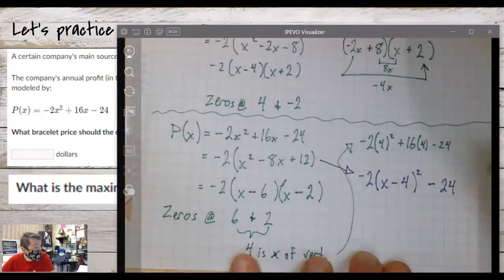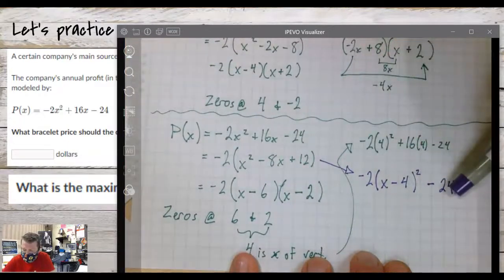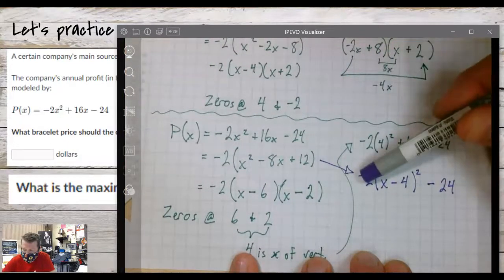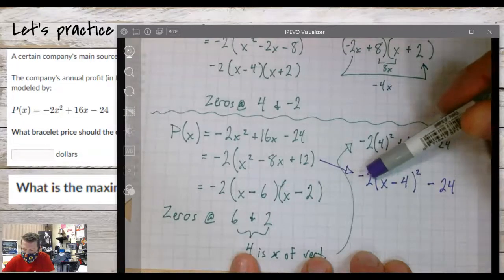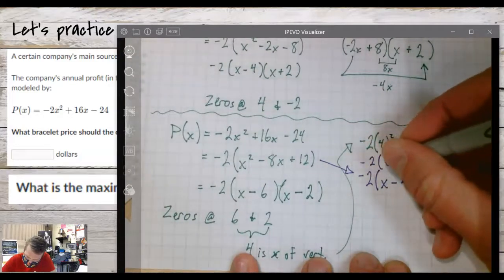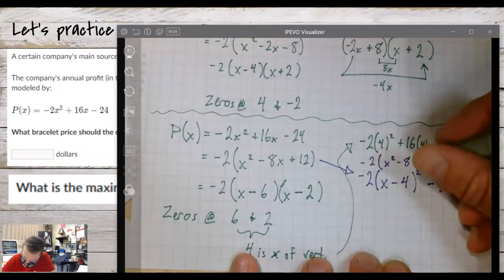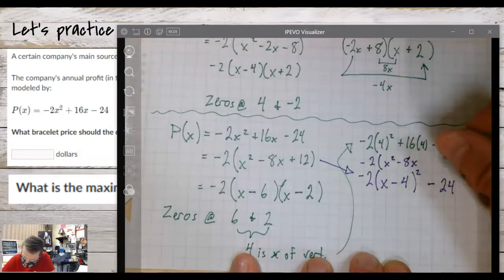I think, yeah, if I had left the negative 24 to play on its own, and then I factored out the negative 2, so this would have been negative 2 times x squared minus 8x something.